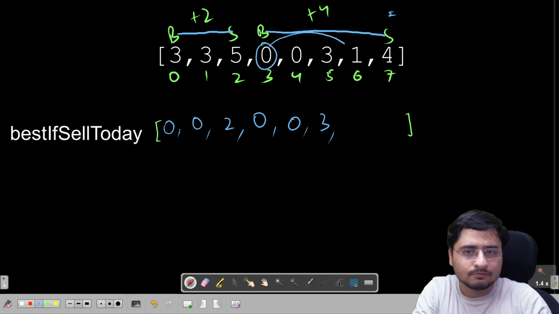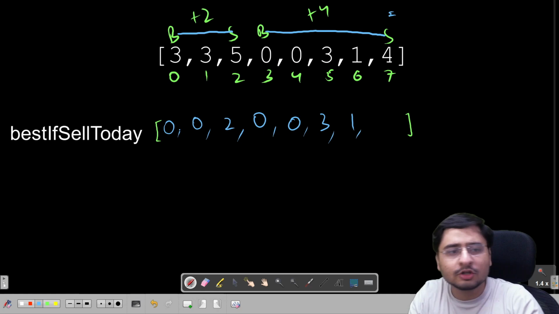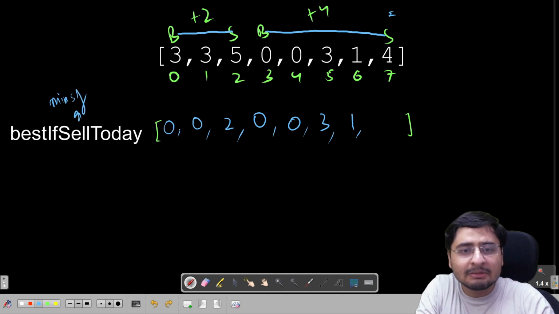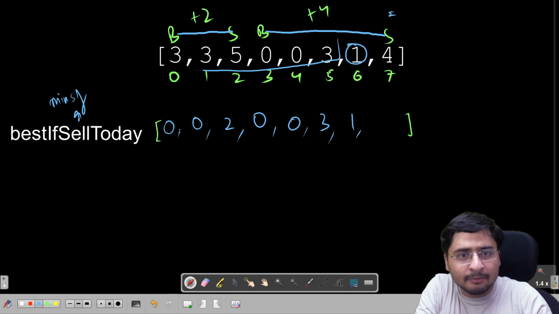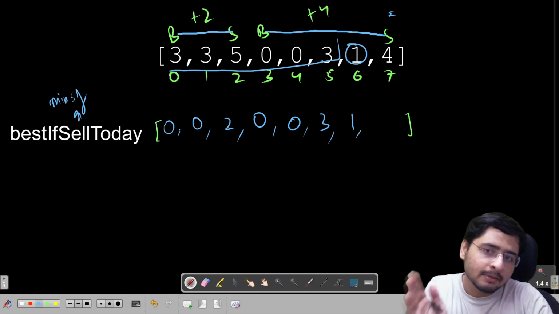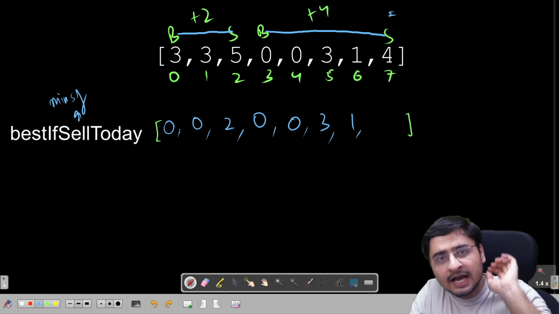0, 1, 1. One thing to notice is that here I'm interested in the minimum so far, right? What is the minimum behind everyone? So if I want to sell today, I want to find out the minimum number behind today, because that will be the buy day, right? And the buy price should be as small as possible.